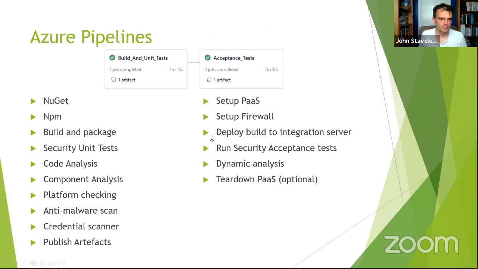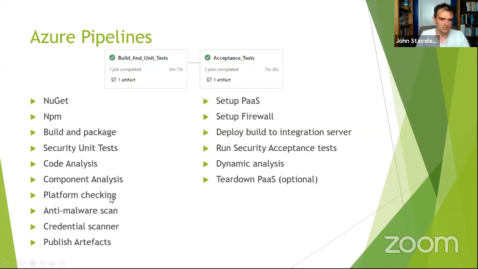So my Azure Pipelines looks something like this. I've got a NuGet restore. I'll show you what Azure Pipelines looks like in a minute. NPM, build and package all resources, then do the security unit tests, code analysis using FxCop, component analysis using various different applications, platform checking. So we've got an ARM template.